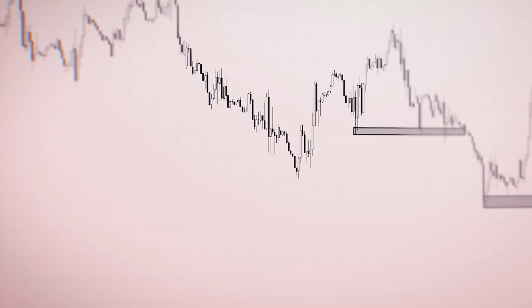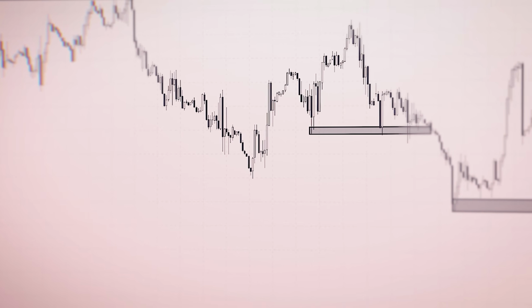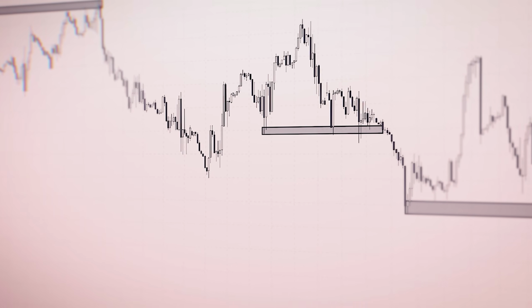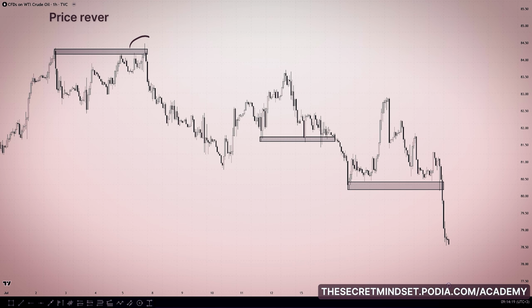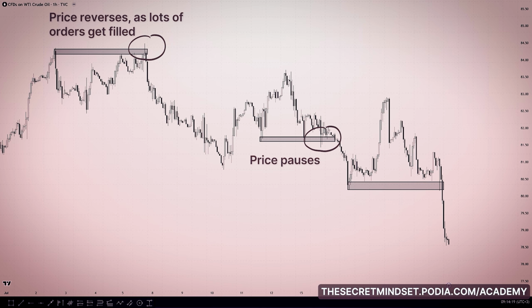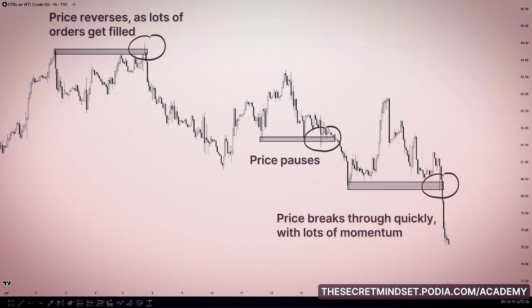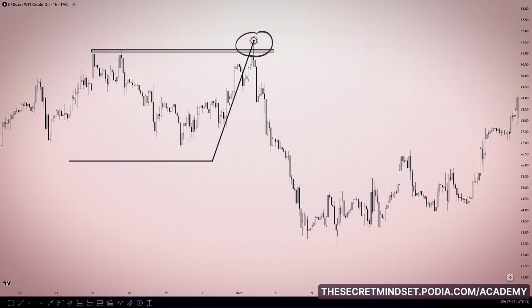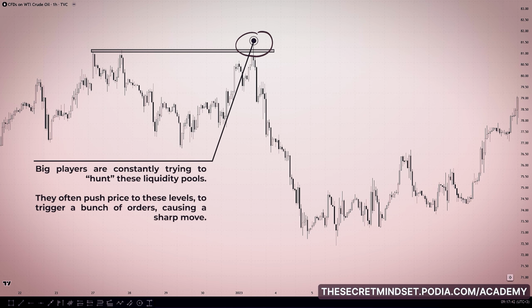Liquidity pools work by attracting price. When price approaches a liquidity pool, a few things can happen. It might reverse, as lots of orders get filled at that level, or it might pause there before continuing. Sometimes, it might even break through quickly if there's enough momentum. And big players are constantly trying to hunt these liquidity pools.